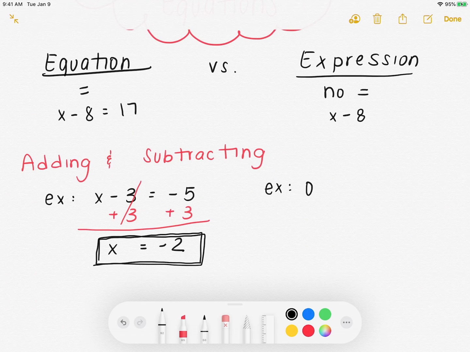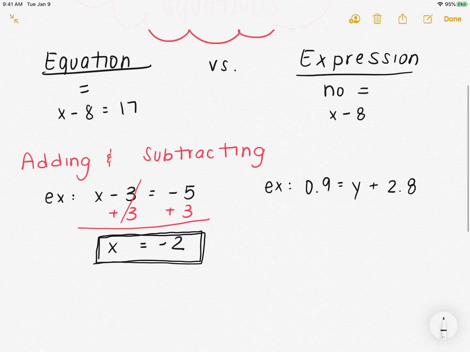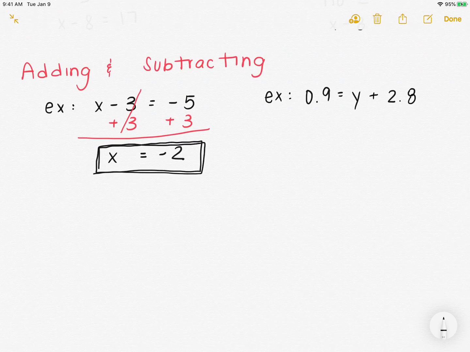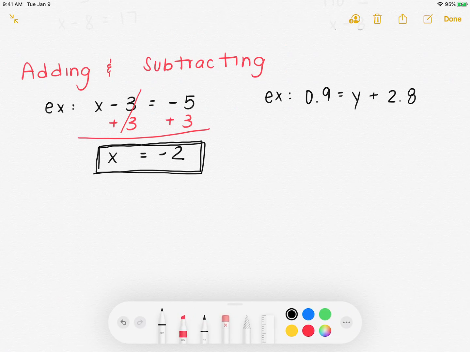What if I spice it up a notch and give you decimals? Say 0.9 equals y plus 2.8. First thing I'm going to look at is what's next to the y that I need to get rid of. I've got a 2.8 added to my y, so I want to get rid of this 2.8.